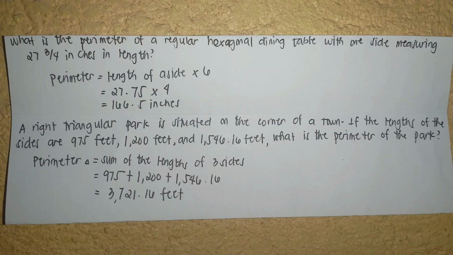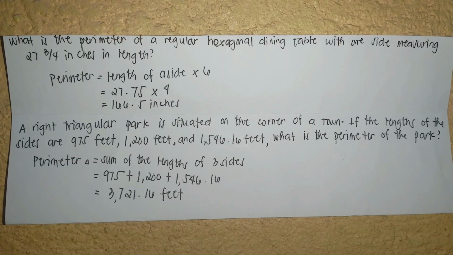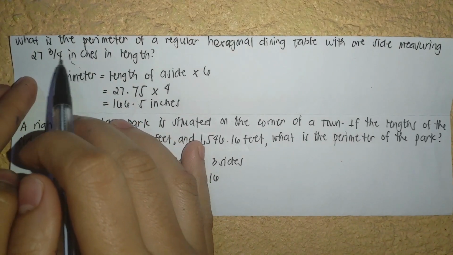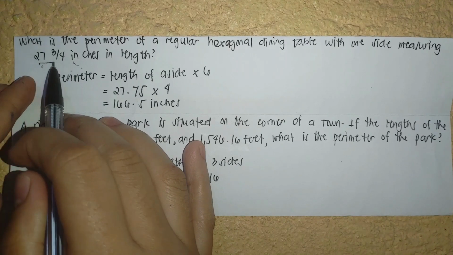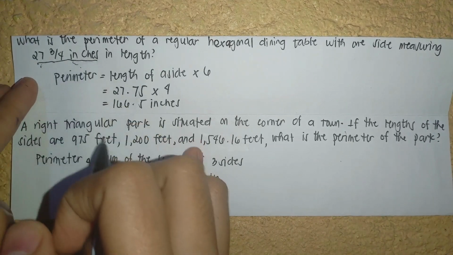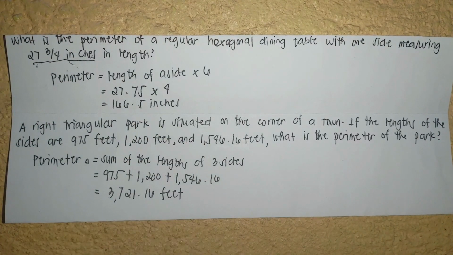Okay, so next naman. What is the perimeter of a regular hexagonal dining table with one side measuring 27 and 3/4 inches in length? Okay, so sa given, ang binigay lang is the length, which is the 27 and 3/4 inches.